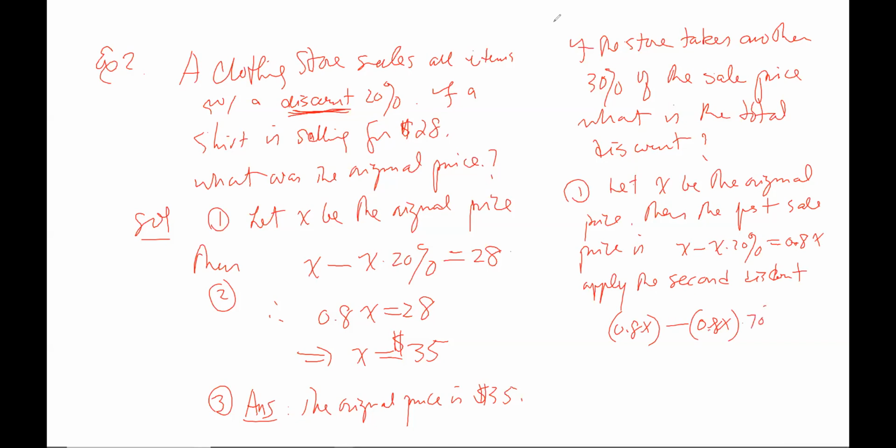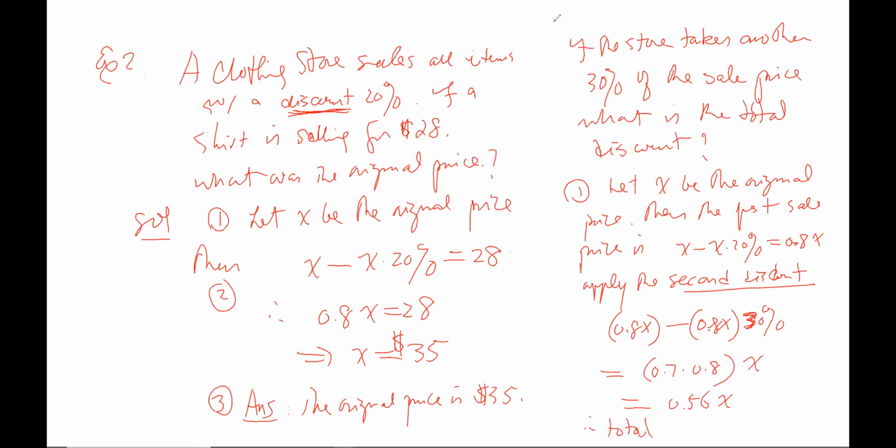30%. So 70%, right? After applying the second discount, we have this price. So that should be 0.7 times 0.8, then times X, do you agree? Which is 0.56X. So therefore, what is the total discount then? 1 minus 0.56, so it's 44%.